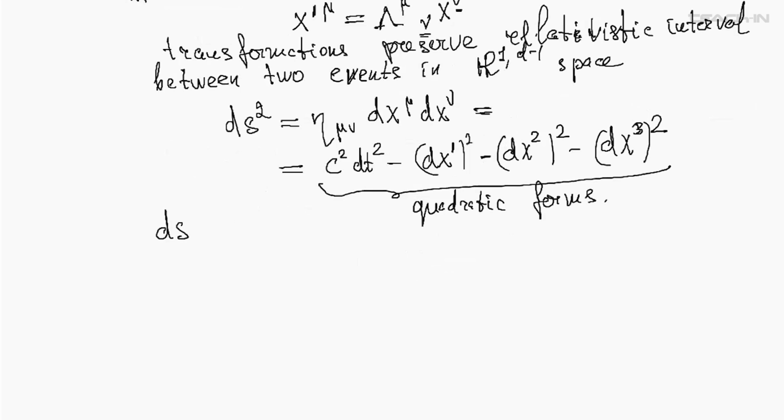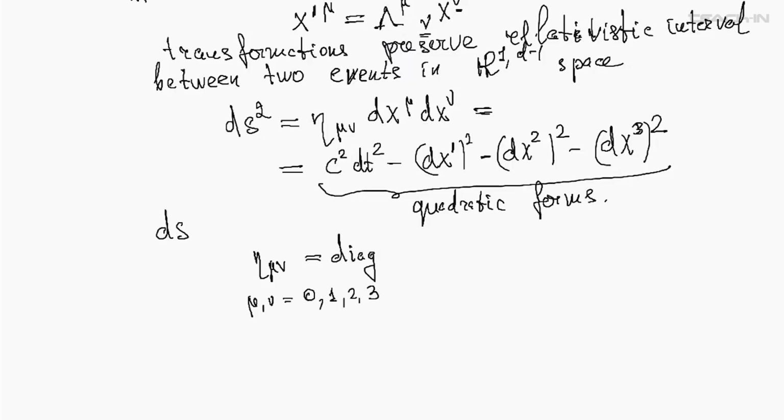And so eta_{mu nu} is the Minkowski metric, which is a diagonal matrix. The indices mu and nu in general run over 0, 1, 2, and 3, if we are talking about our four-dimensional Minkowski space, where 0 signifies the time direction, and 1, 2, 3 are indices of the spatial directions.